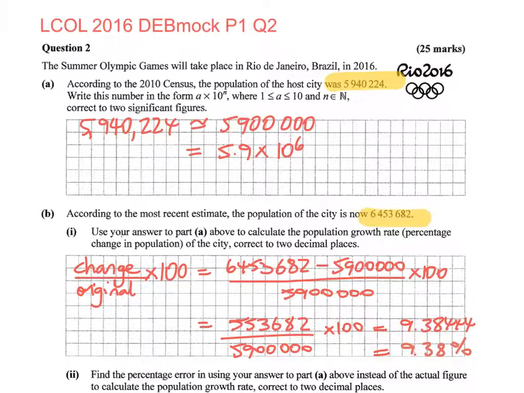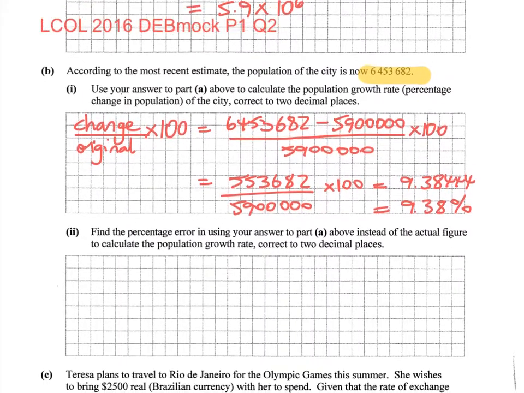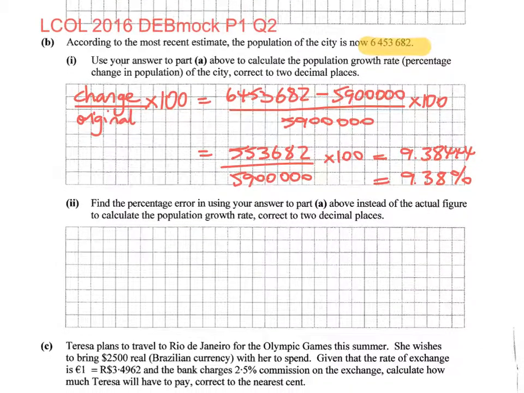So the suggestion is that the population has grown by 9.38%. Now, because we used our answer from part A, that 9.38% is not necessarily correct because we used an incorrect value in our calculations. So then it's asking us to work out what's going on.